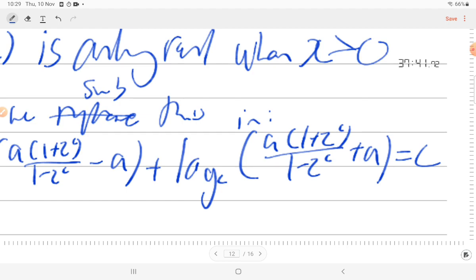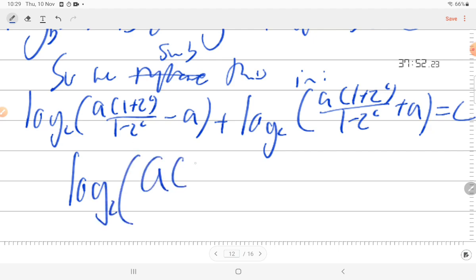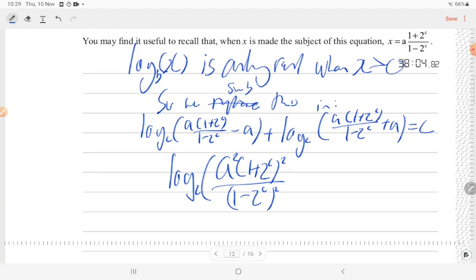So which will create log a brackets a squared over 1 minus 2 to c or square. Oh no, about there.